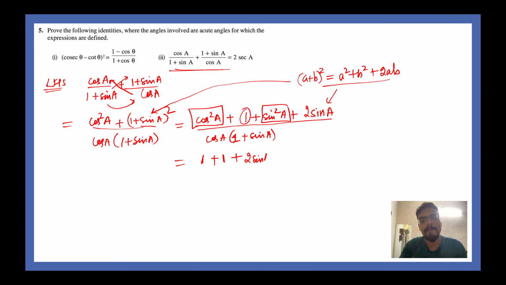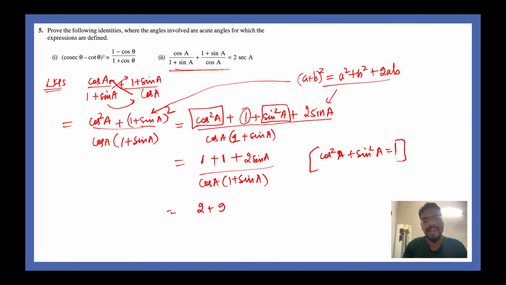So 2 sin a, whole divided by cos a multiplied by (1 plus sin a). We have used this property, cos square a plus sin square a is equal to 1. So 1 plus 1 is 2. So (2 plus 2 sin a) divided by cos a multiplied by (1 plus sin a), right? That's what we get.